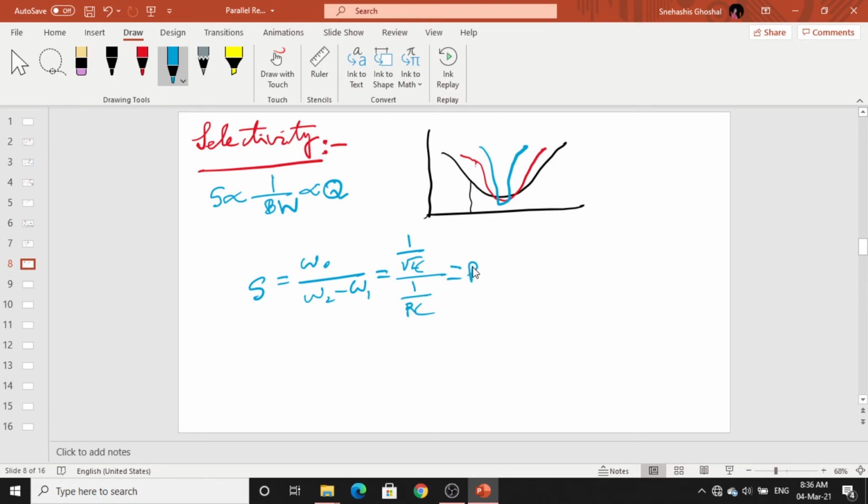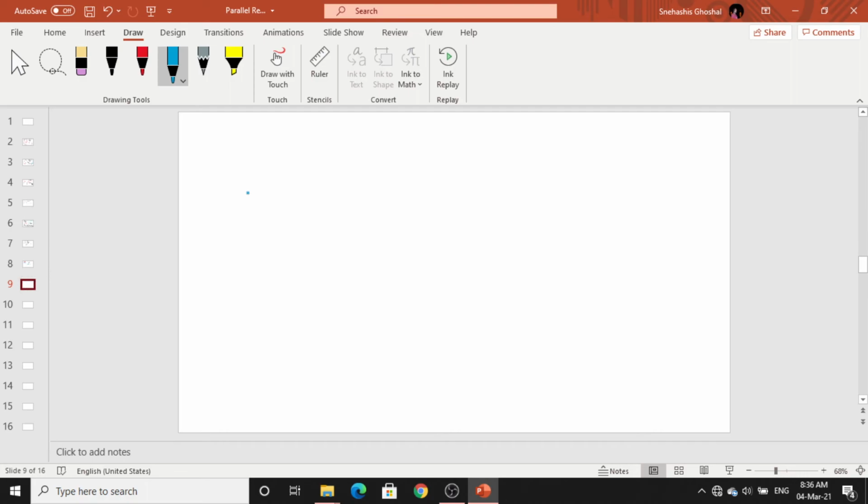So it gives R times root C by L, which is the quality factor. So let's jot down the formulas for resonance.